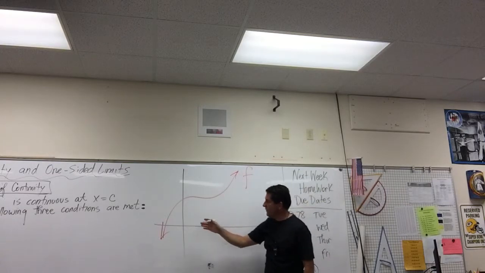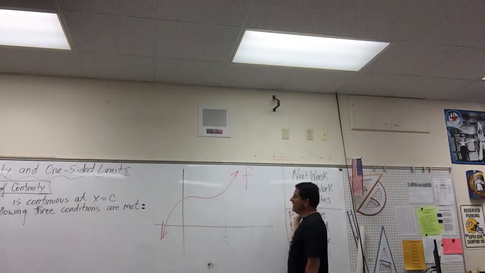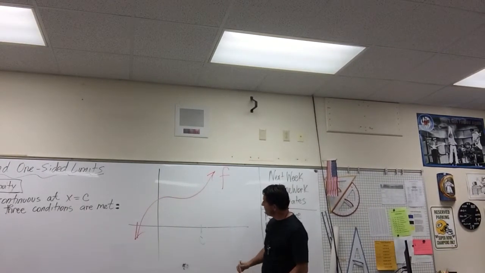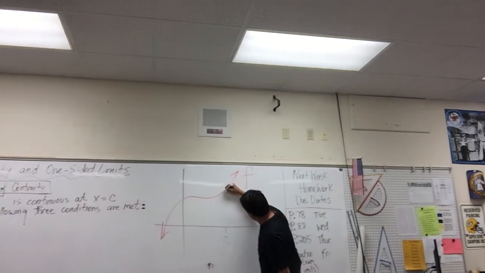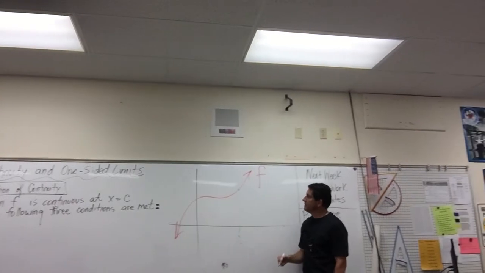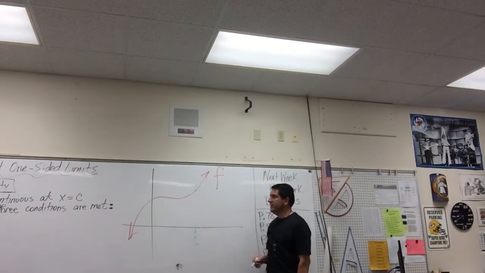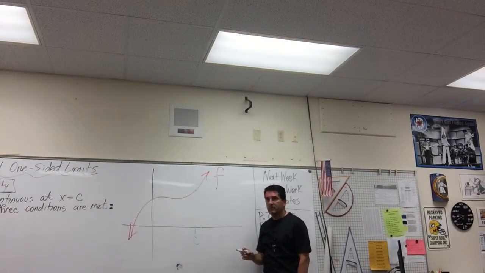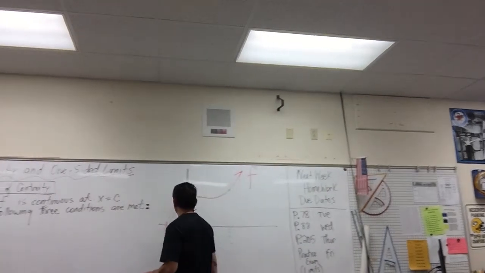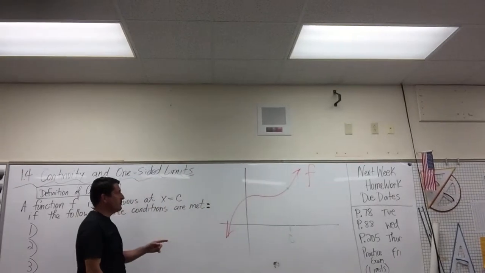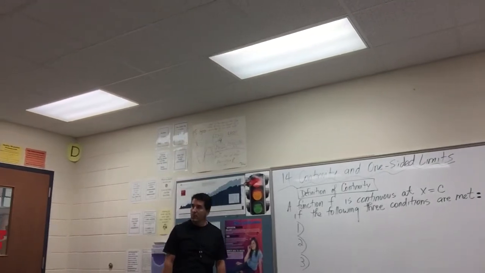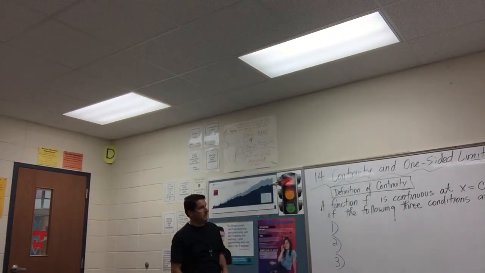I can draw it all the way from the left to the right without picking up my pencil. That's the layman's term for continuous. But the question is, what does it truly mean to be continuous at a point? How can I tell if it's continuous at a point? That's what we're looking at. What are the conditions that need to be met in order for this to happen? We're going to break it down to the dirty details.